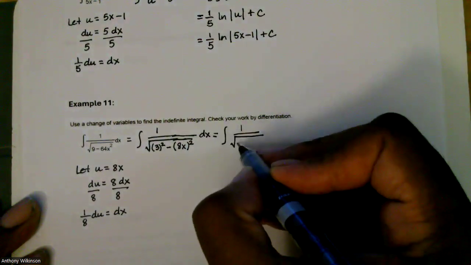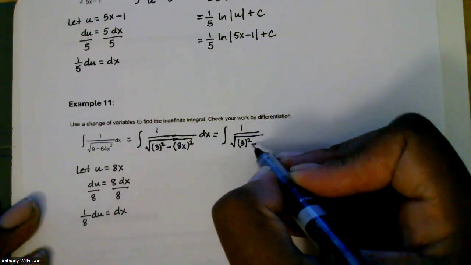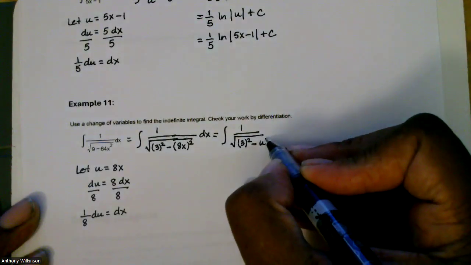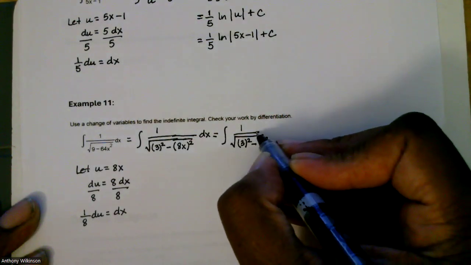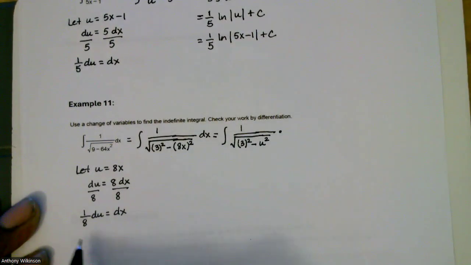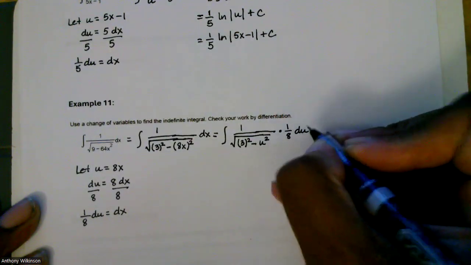that 3 squared, I'll just leave that as is, minus, I'm letting u be 8x, so it'll be u squared, times dx will be replaced with 1/8 du.